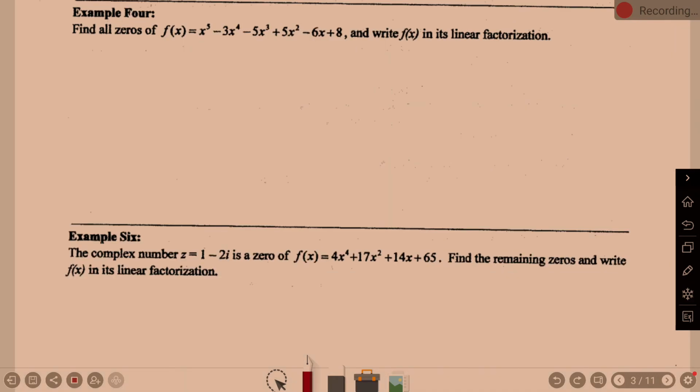Example 4 is find all zeros. All zeros, that was the keyword on that IXL you had, of this function f of x, and write f of x in its linear factorization.